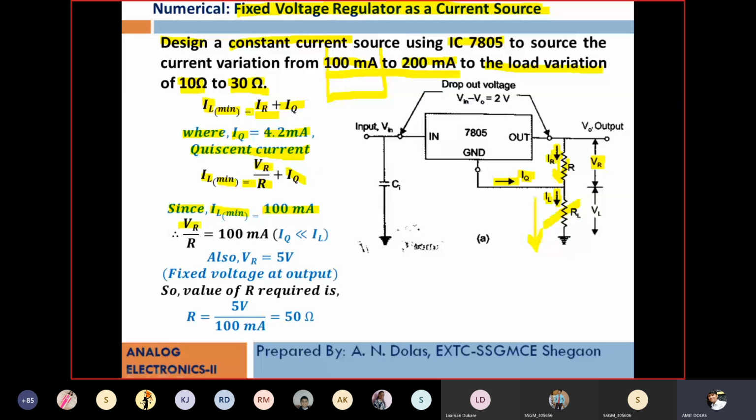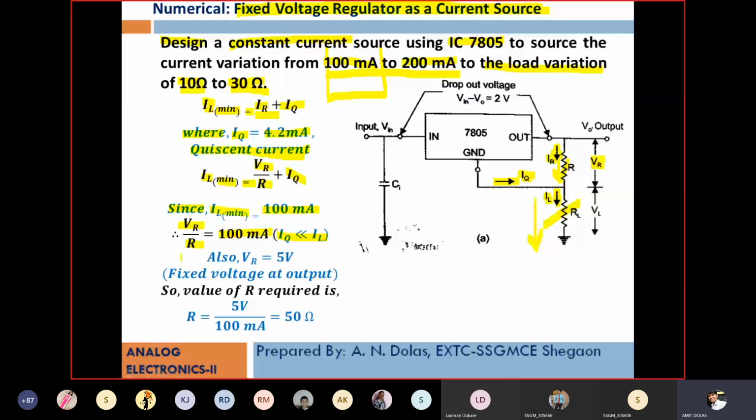Therefore, VR by R is equal to 100 milliampere, because VR by R is nothing but the load current, as the quiescent current is very small compared to the load current. Quiescent current is only 4.2 milliampere, which in front of 100 milliampere is only about 4%, and it is neglected here. Also we know VR, the output of the regulator, it is fixed, as the number is 7805, 05 means 5 volt fixed output. Therefore VR is 5 volt.